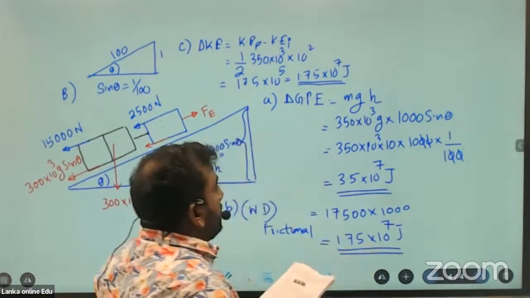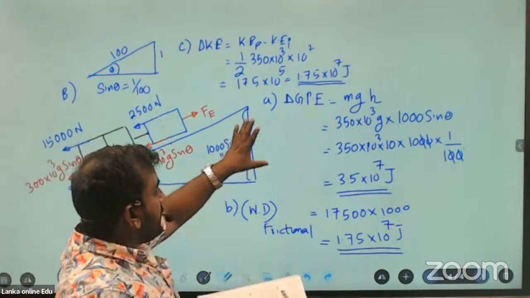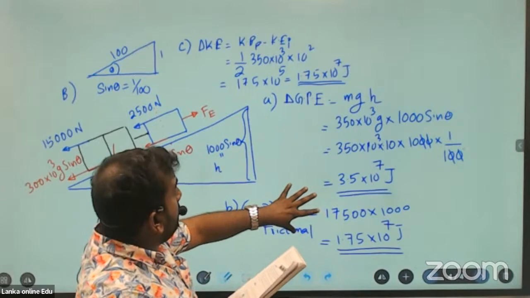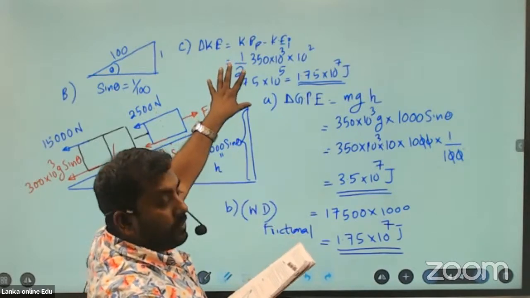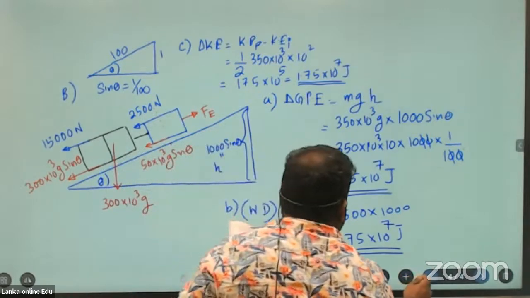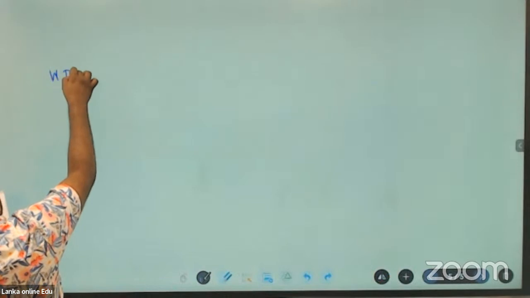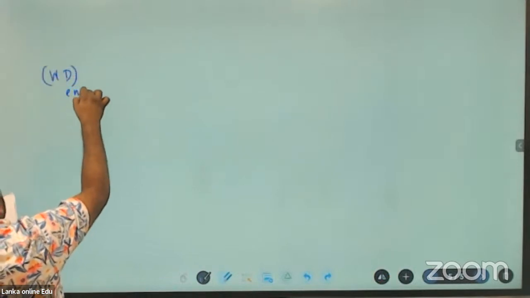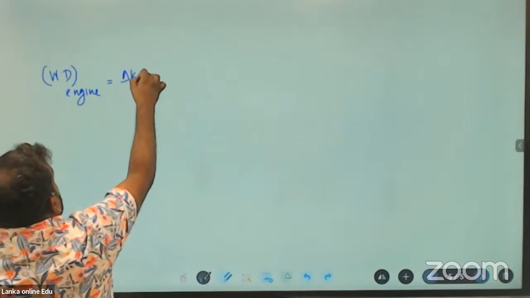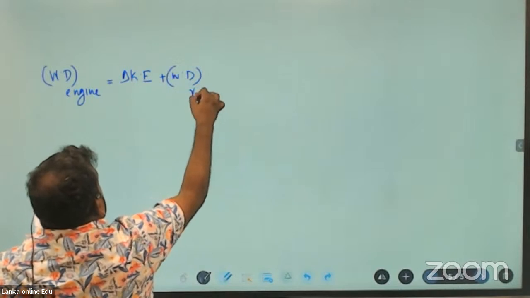Power of the engine. Simple work. We have found the increase in gravitational potential energy, the work done by friction, and the increase in energy. Then what do you do? Work done by the engine, or external force, is the increase in kinetic energy plus work done by resistive force plus the component of weight.